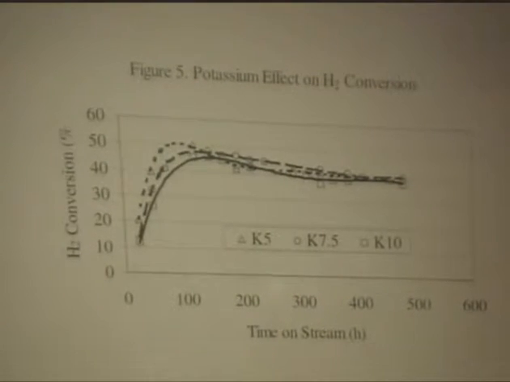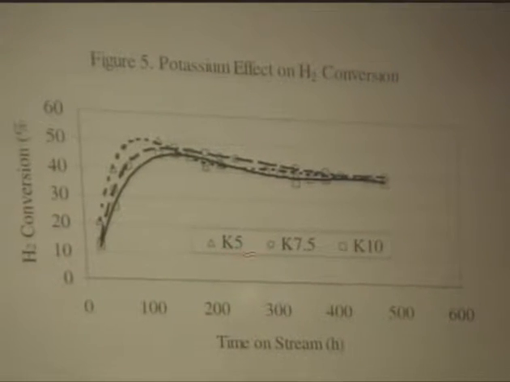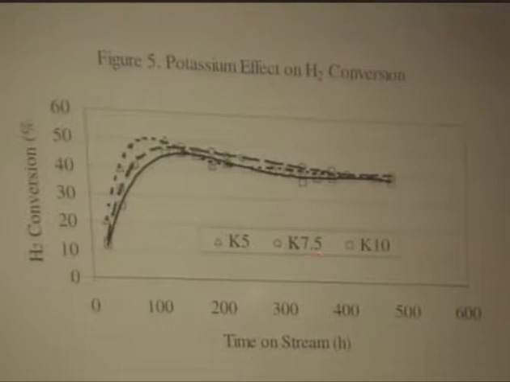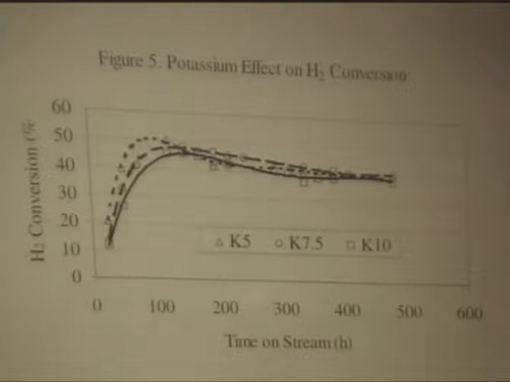In this study, we used 3 potassium contents: 5%, 7.5%, and 10% here. It's shown here as the first line, 5%, 7.5%, and 10%. So you can see here, the stabilized hydrogen conversion is only like 40% here.